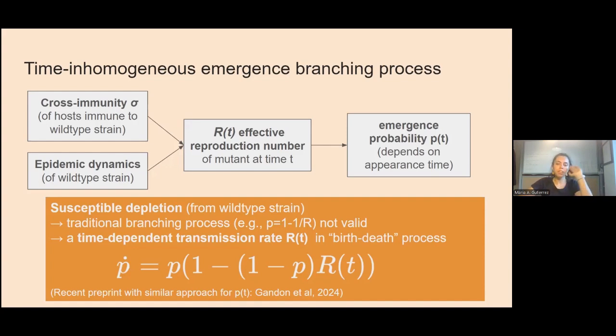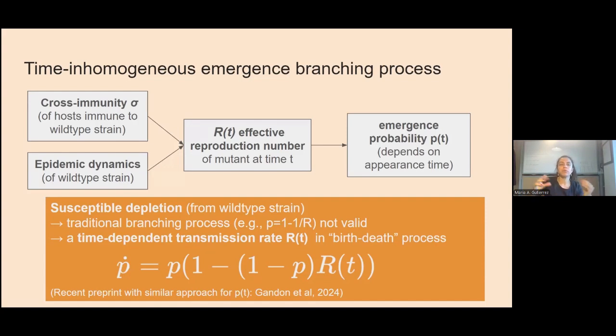However, that formula, that approach, is not really valid here because that approach neglects susceptible depletion, and it's okay to ignore susceptible depletion due to the spread of the mutant, because there are so few infections with the new strain that it doesn't really make a substantial difference.